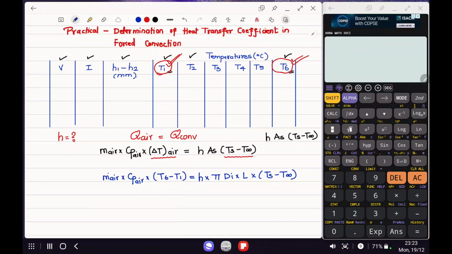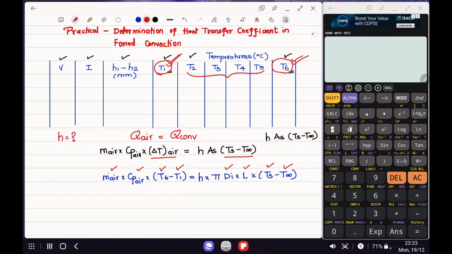Now, if you observe, this simple understanding is there: if somehow we get all the parameters, for example, we can calculate mass of air, we can obtain Cp of air, T6, T1, these are from the experimental setup, diameter and length of the pipe is given, Ts is again obtained from these four values, the average of T2, T3, T4 and T5, T infinity, that is fluid temperature, is the average of T6 and T1.